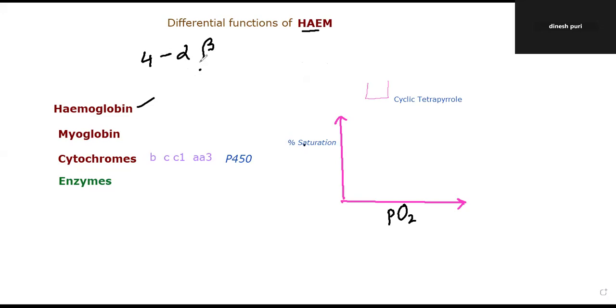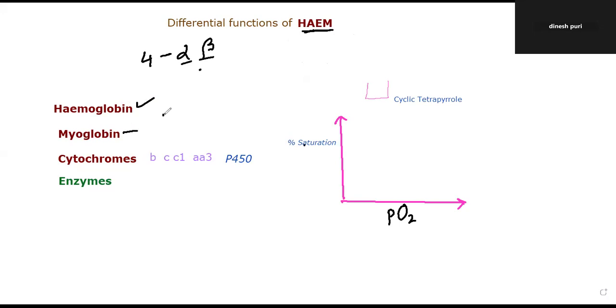But none of the common amino acids in these chains has any binding affinity for oxygen. So they have to employ a non-polypeptide component, and that non-polypeptide component is heme. So hemoglobin binds with oxygen.